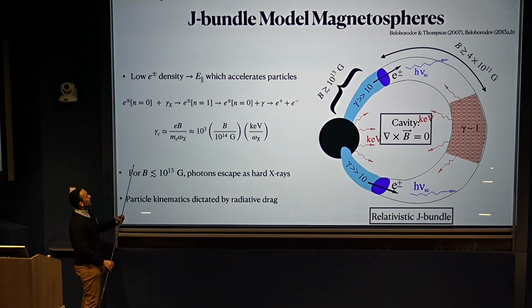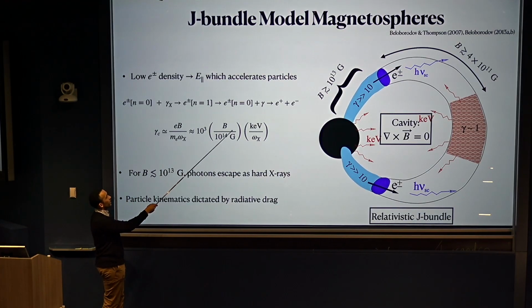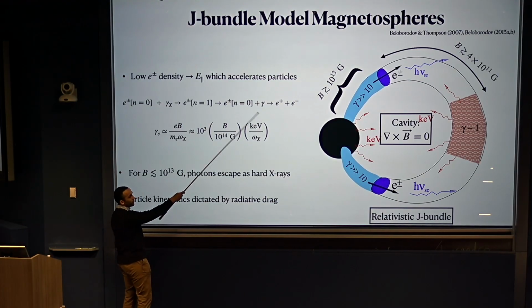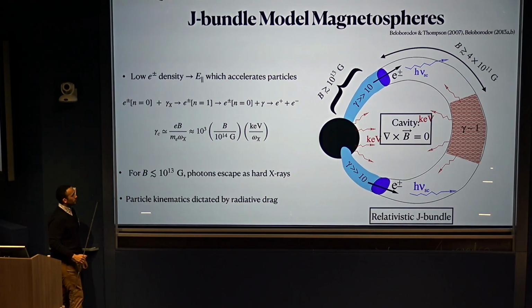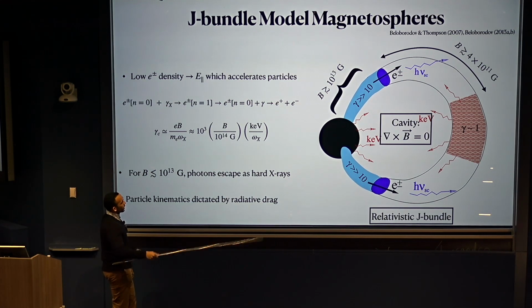And so this can excite an electron to a higher energy state, and then it can subsequently decay into its ground state, emitting a high energy photon, and that photon can then create more pairs. And so basically what we do is study this physics on a global level.